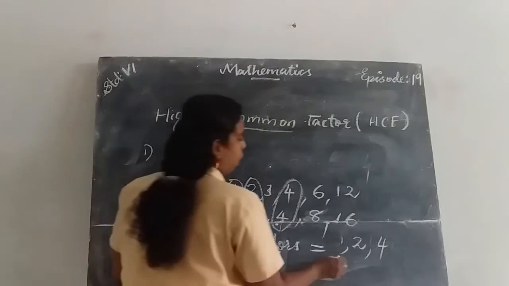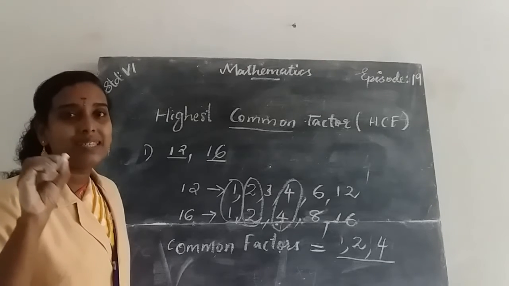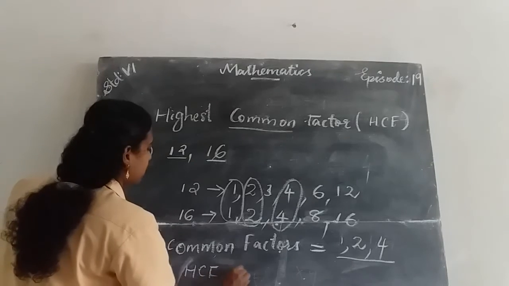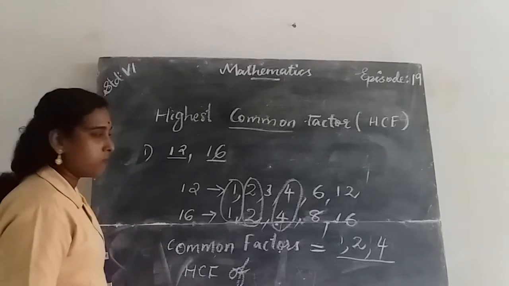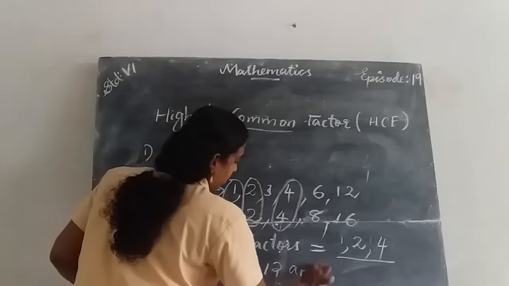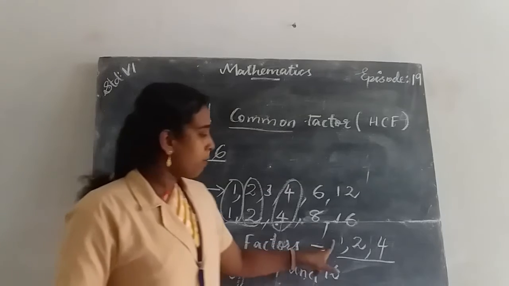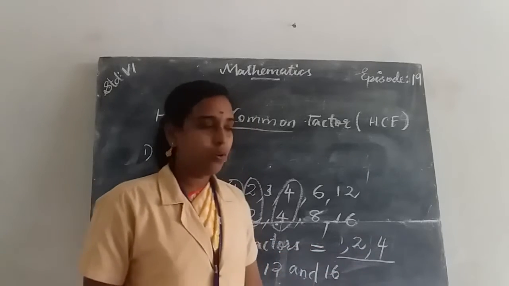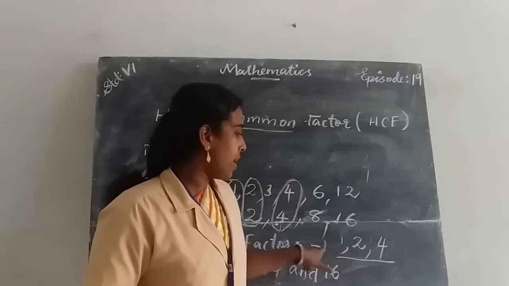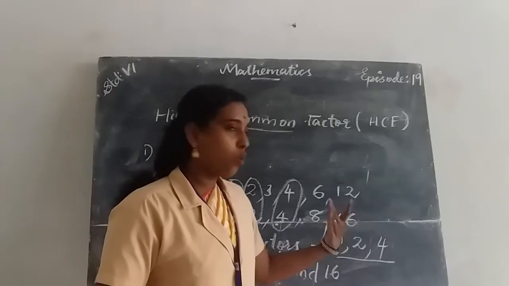So, from the common factors, we find the highest common factor. Okay, that is HCF. HCF means highest common factor. HCF of 12 and 16 is, so here the common factors are 1, 2 and 4. Which is the highest common factor from these three factors? It is the highest number. 1, 2 or 4.